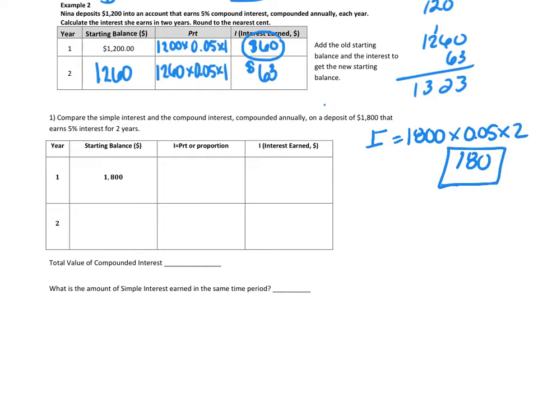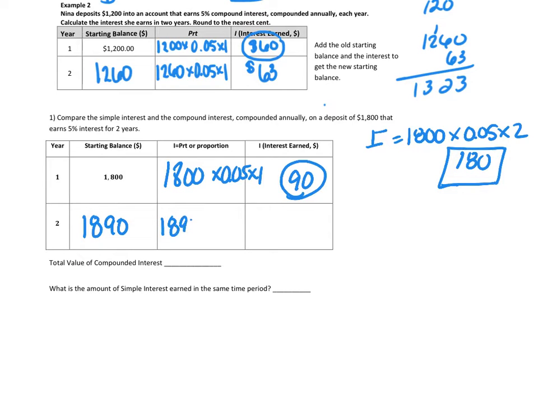Now, if we calculate it the other way, we would say 1,800 times 0.05 times 1. 1,800 times 0.05 is 90. We would take this 90 and add it back, so it would be 1,890. Do 1,890 times 0.05 times 1. And get 94.5 for the second year.